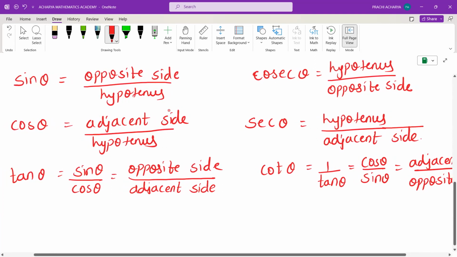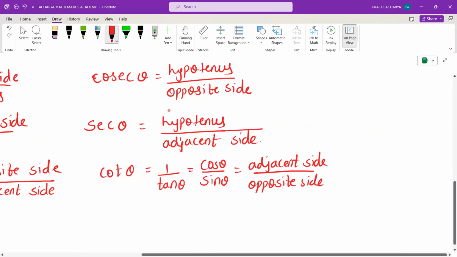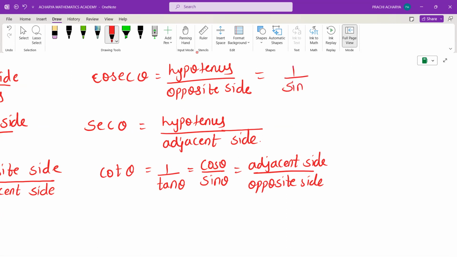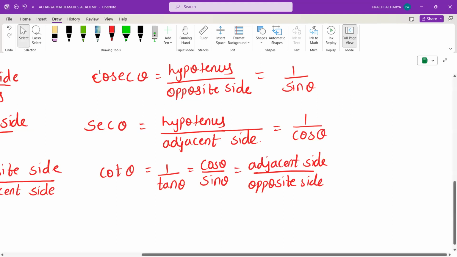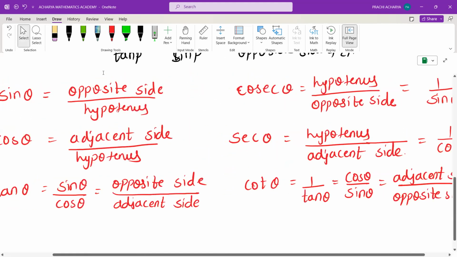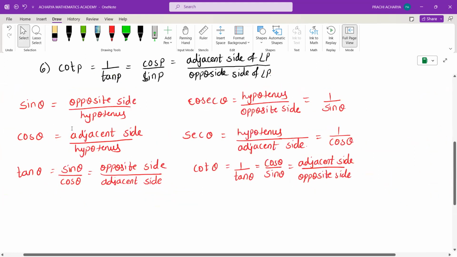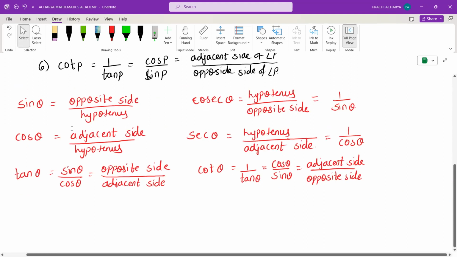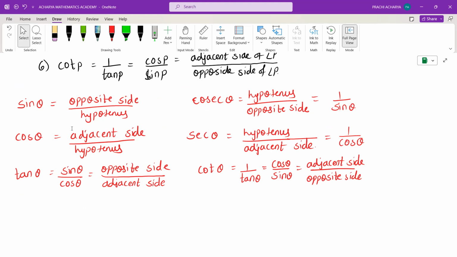Other than that, cosec is a reciprocal of sine theta. Sec theta is a reciprocal of cos theta, and we have already written for cot theta that it is a reciprocal of tan theta. So this is all about the 6 ratios, basic representation for them. All right.